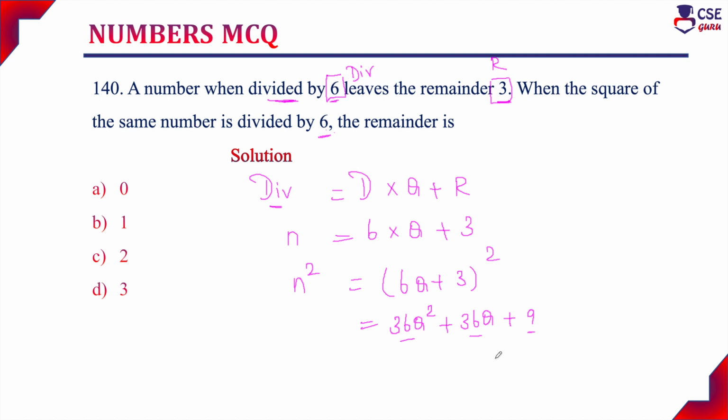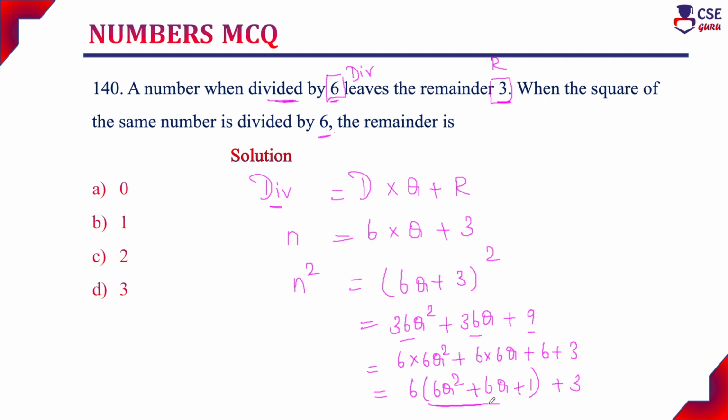So we can take it in terms of 6. Okay, so 6 into 6q square plus 6 into 6q plus, this we can write as 6 plus 3. Since we have taken everything in terms of 6, if you take 6 outside, this is 6q square plus 6q plus 1, plus 3.